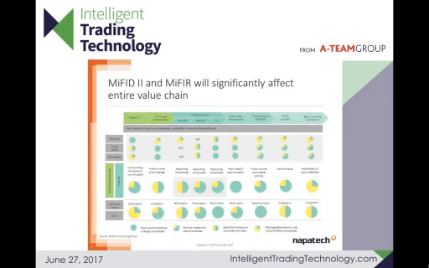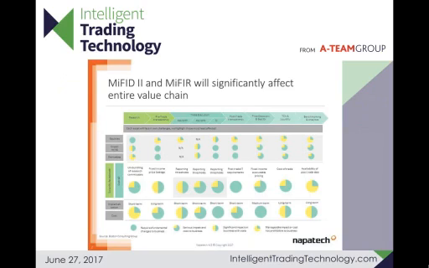Very good. Dan, could you help illustrate a little bit also about how this may play out through the entire value chain, as you've got the slide here to demonstrate? Yeah, so this is actually a slide from the Boston Consulting Group, and I think many people think that this is only an execution issue when it comes to MiFID II.